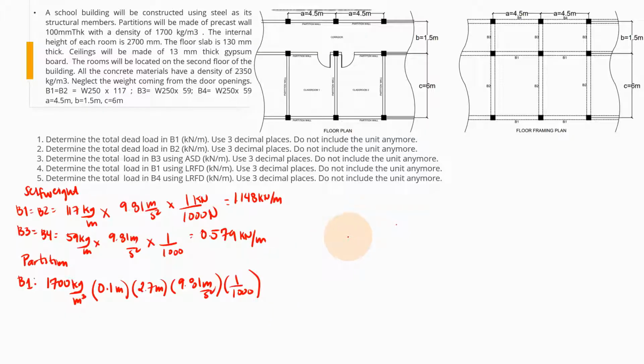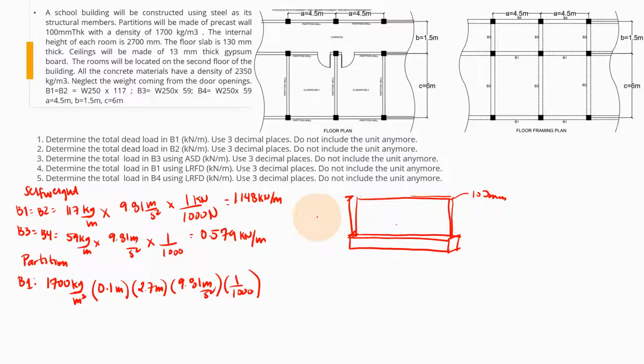So it looks like this. We have here our beam. Let me just say it is rectangular, although it is a W shape. So this is our beam, and there is a partition wall resting on it. It has a thickness of 100 millimeters, and the internal height is from floor to ceiling.